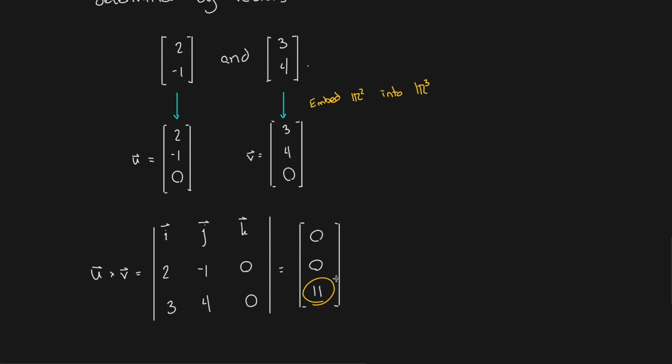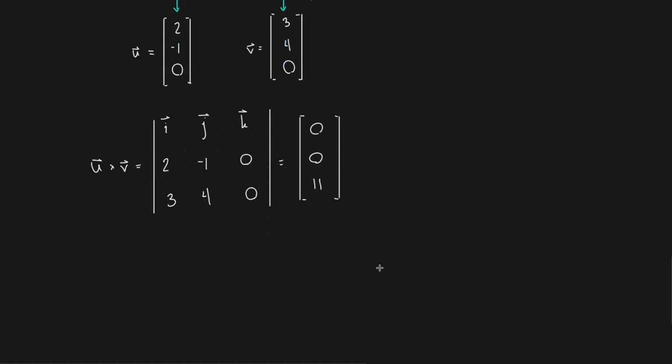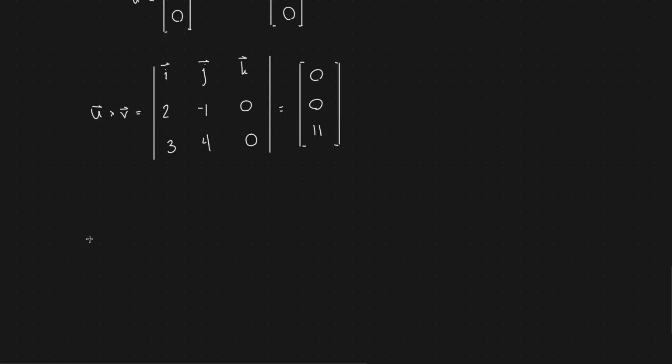This is the only value that will not be 0. That's going to be important in a moment. And so the area is the norm of the cross product, which is the square root of 0 squared plus 0 squared plus 11 squared, which is just 11.